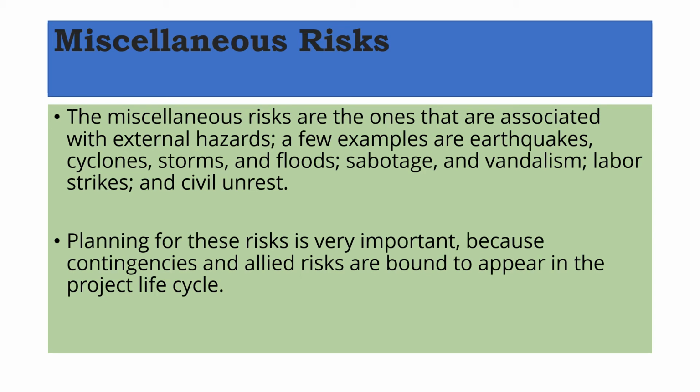And as we have known in project risk management, we need to be proactive, and that's why planning for these risks is very important, because contingencies and the allied risks are bound to appear in the project life cycle. We can take the example of COVID-19 and see the impact it had and it still has on project management in the world.